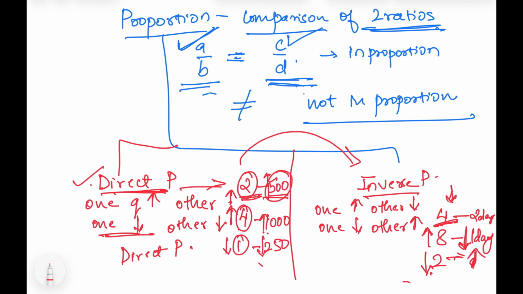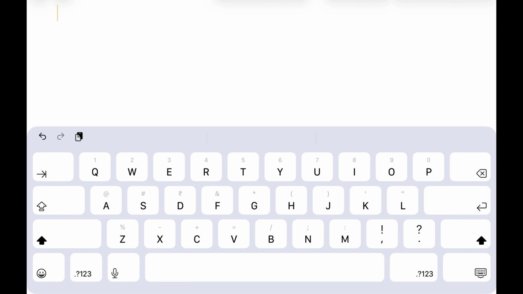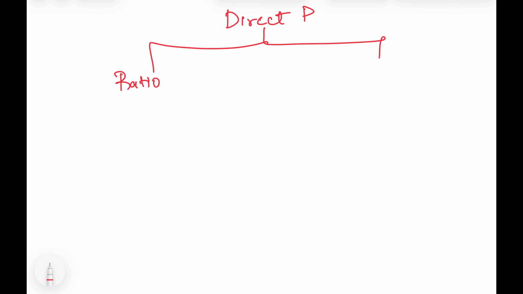Okay. Now how do we solve direct proportion? If we have a problem related to direct proportion, first we learn how to solve that. To solve problems of direct proportion, we have 2 methods. One is the ratio method. The other is the unitary method.